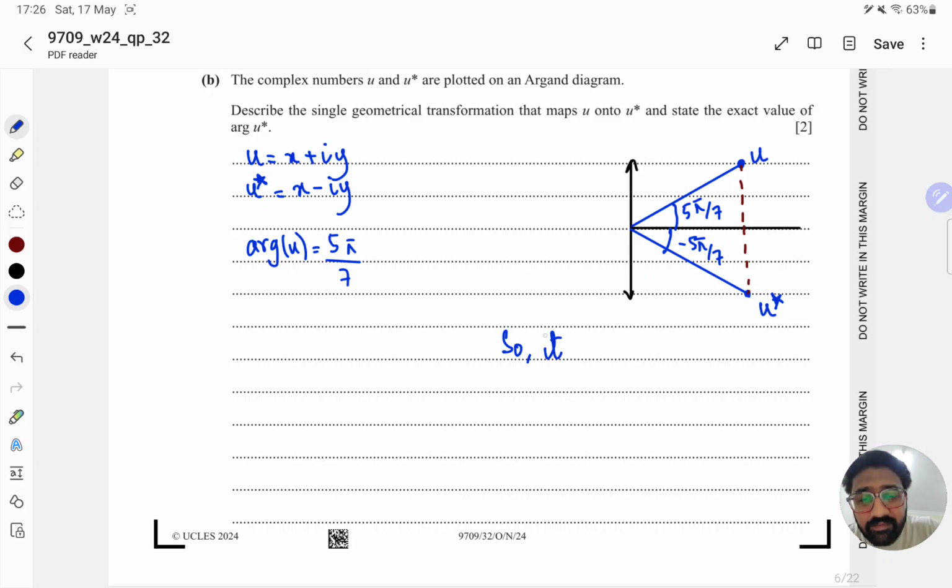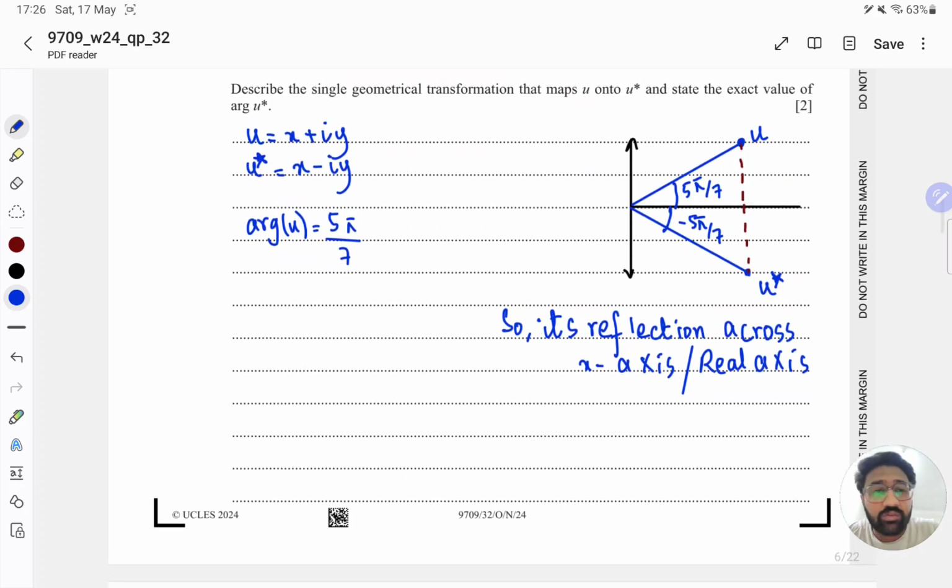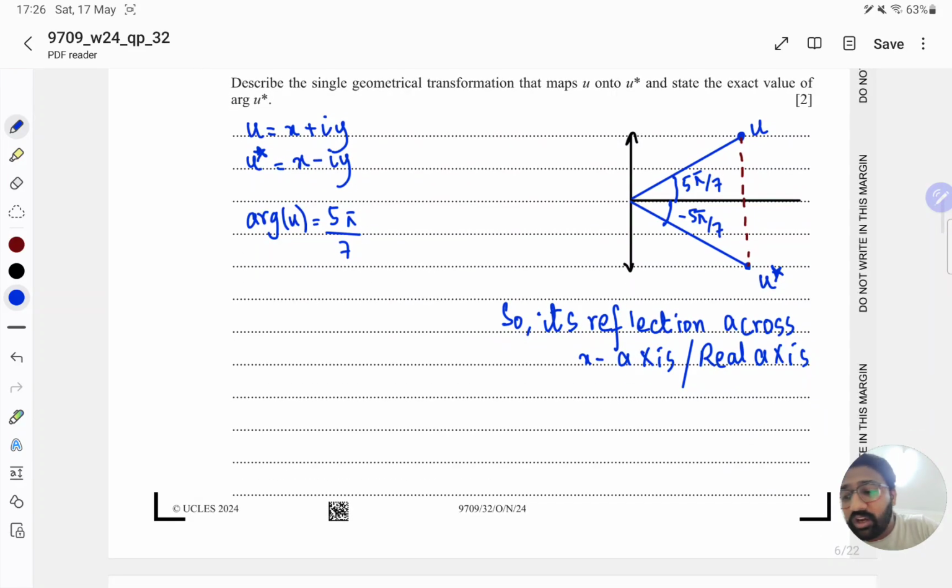Basically it's a reflection, across the x-axis, but since it's the real and imaginary axes, you will write down reflection across the real axis, and we need to mention the exact value of the argument. So the argument of u star is going to be minus pi by 7.